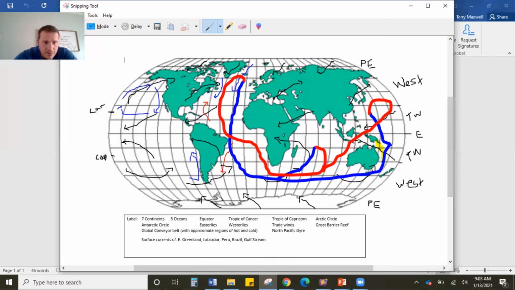Your Arctic Circle and Antarctic Circle are going to be at 66.5. So right there, that is 65. So that's actually 75. So it's going to be right about in this region. Okay, and that's Arctic.